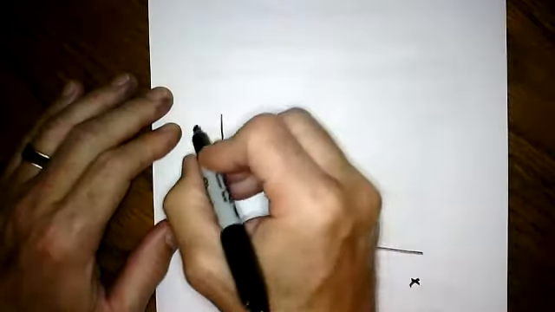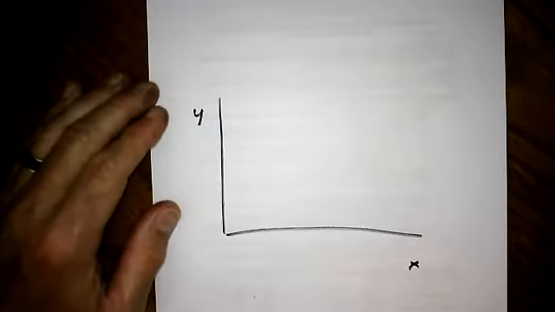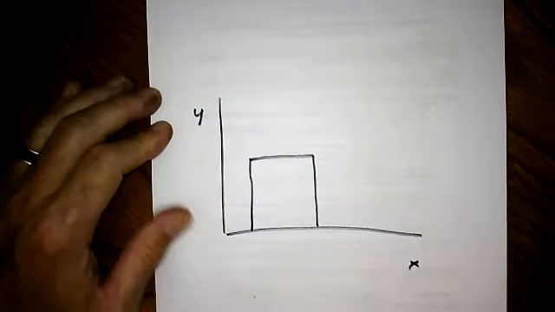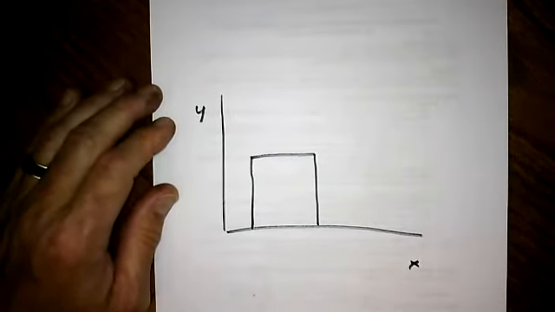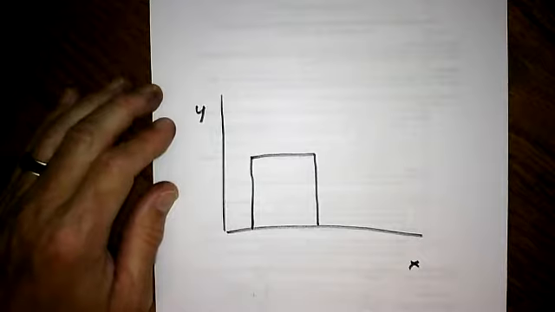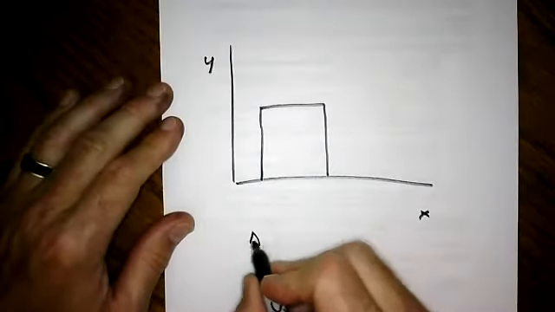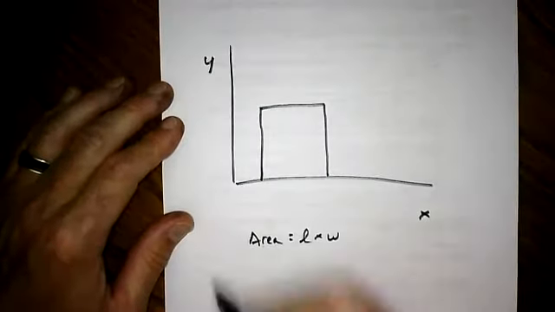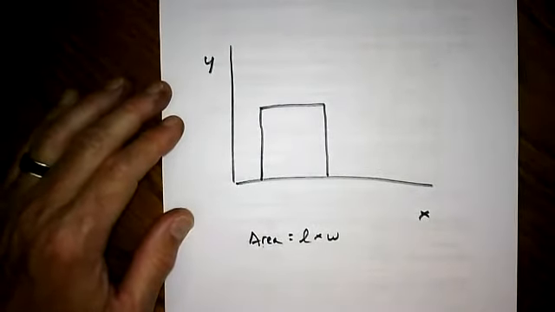Let me do something a little more basic. I'm just going to do x and y, a spatial plot. And I'll draw a box. And I'll ask you, how do you calculate the area of that box? Well, you know the area of a box is equal to length times width, or height times width, whichever way we want to do it here.